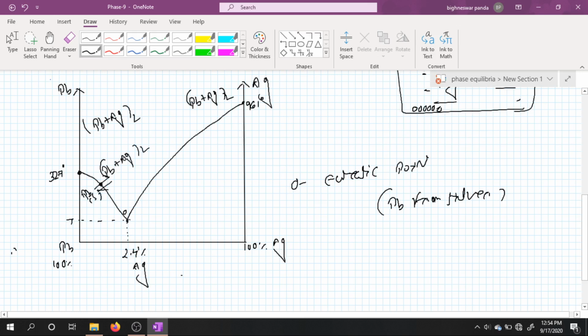This point represents lead plus silver liquid, and silver is converted into solid. This point on this curve represents silver in solid, in equilibrium with lead plus silver, sorry, liquid. So this is the application of the eutectic mixture.